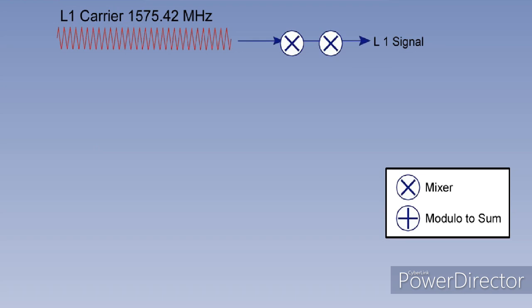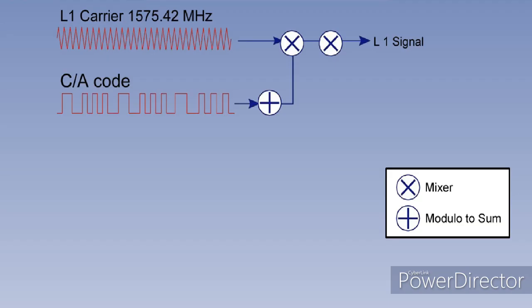The L1 frequency transmits a carrier wave on 1575.42 MHz. The information it broadcasts consists of a course acquisition, or CA code, repeated every millisecond, with a modulation of 1.023 MHz.